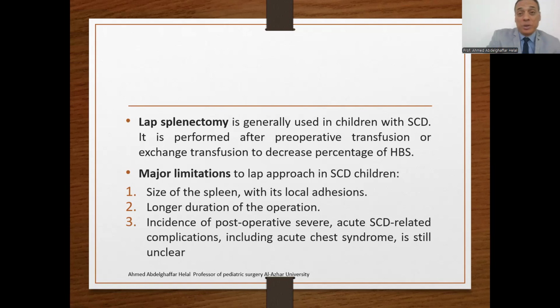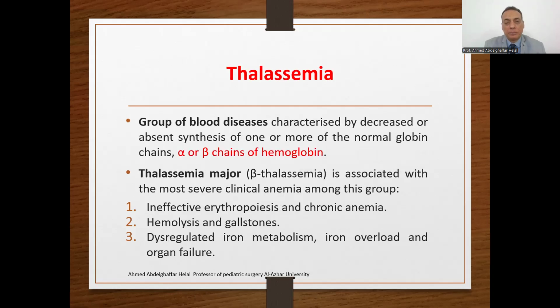The longer duration of surgery carries a risk for thromboembolism, and the incidence of post-operative severe acute sickle cell-related complications, including acute chest syndrome, is still unclear. So laparoscopic splenectomy is not preferred in sickle cell disease, except with an experienced surgeon who can perform the surgery in a reasonable time.